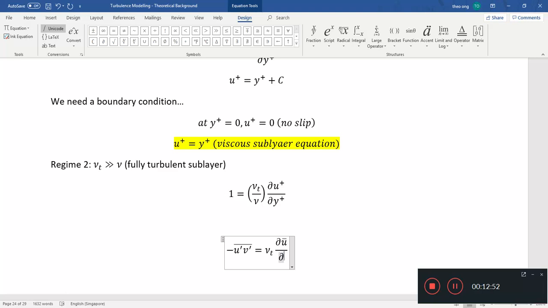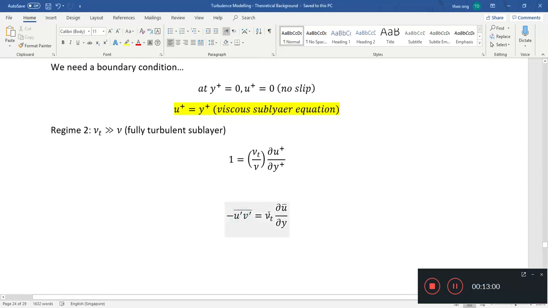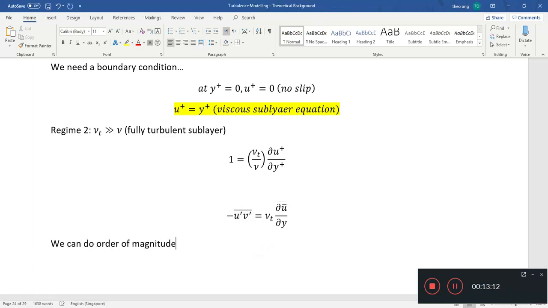This is inside the boundary layer. So to find out what nu t is, we have to estimate what this value is. So we can do an order of magnitude estimate for this quantity.